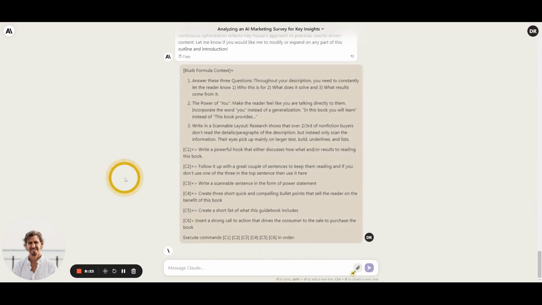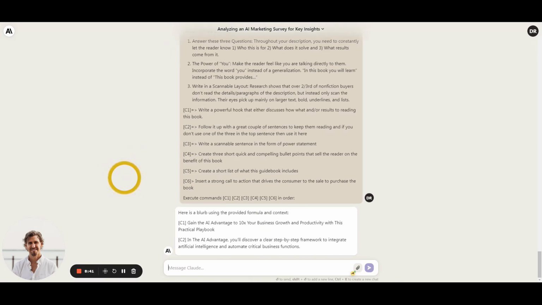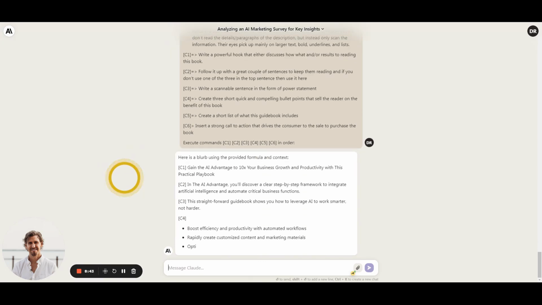So I want to first come up with this book blurb formula to write the blurb that would be used for advertising the book on Amazon, along with the title, the cover of the book, and the outline that could show people what they get inside the book. Then we could go through the next process, which would be writing the book.